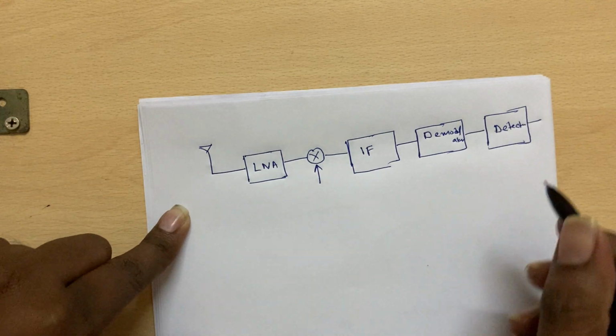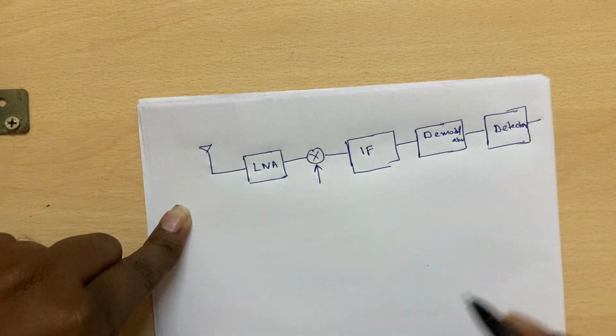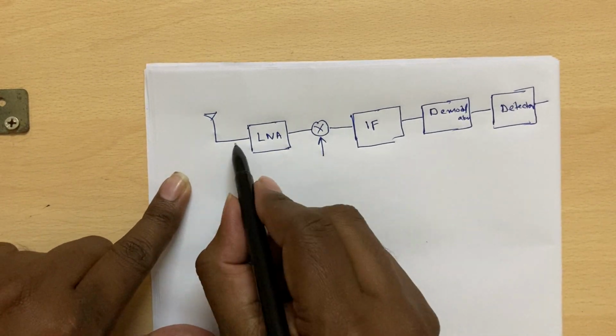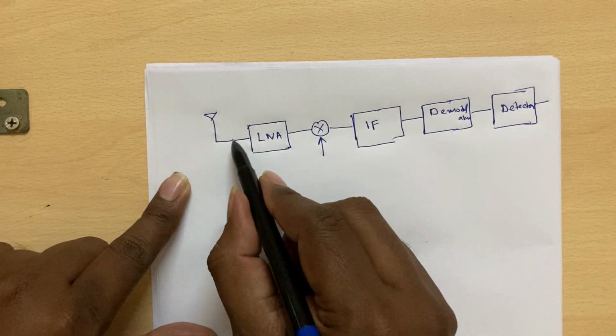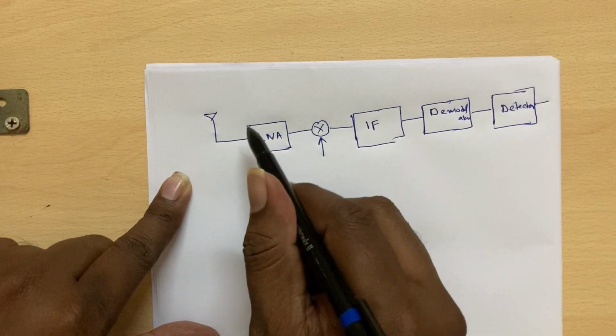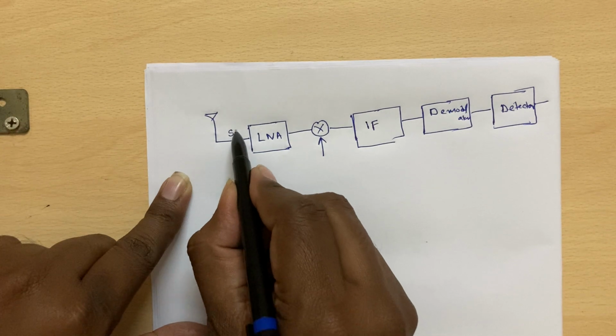So we have several operations in the receiver, and they should preserve the input signal to noise ratio.